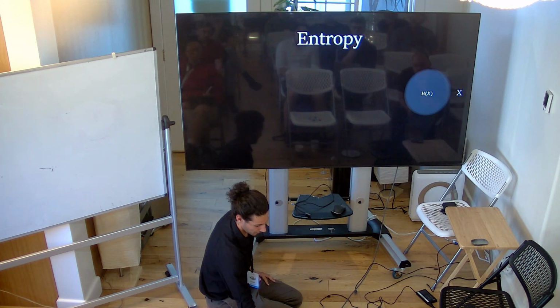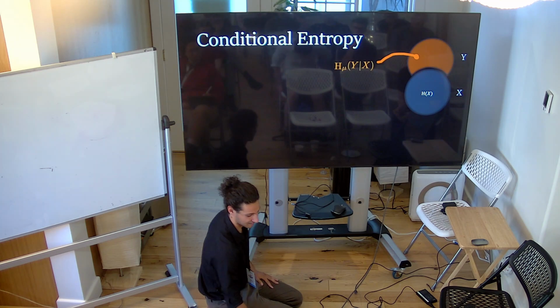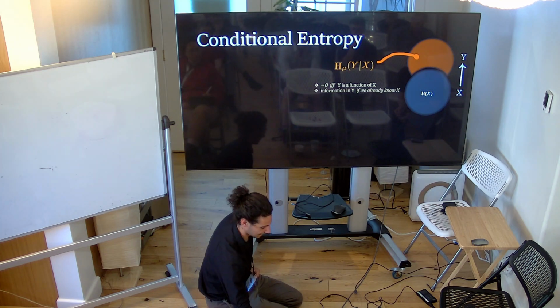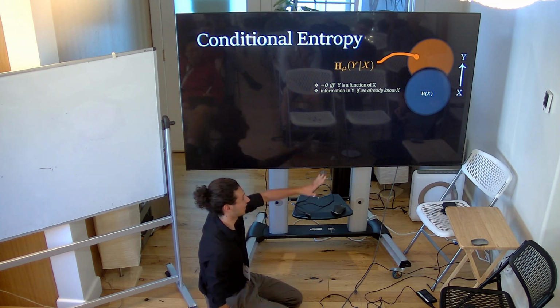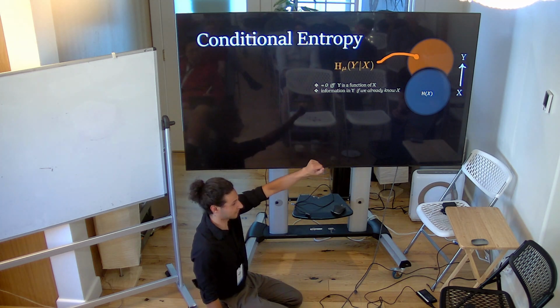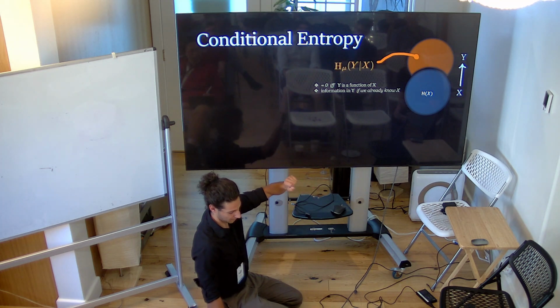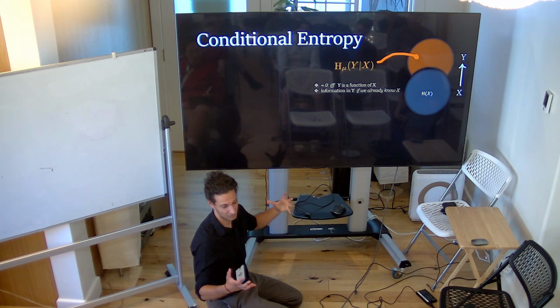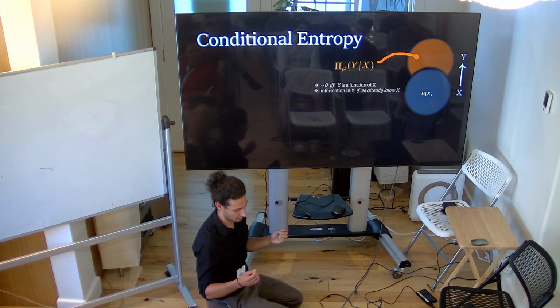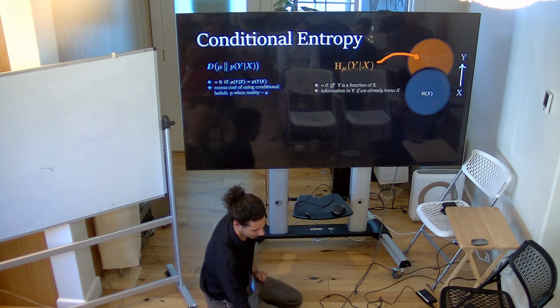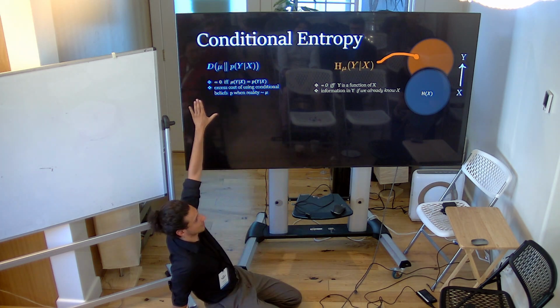Okay, we've been drawing entropy in bubbles. Here's the conditional entropy, it's that crescent, and this measures how much randomness there is in y if you already know x. It's a measure of how close you are to matching functional dependence. And similarly, there's a conditional version of relative entropy.